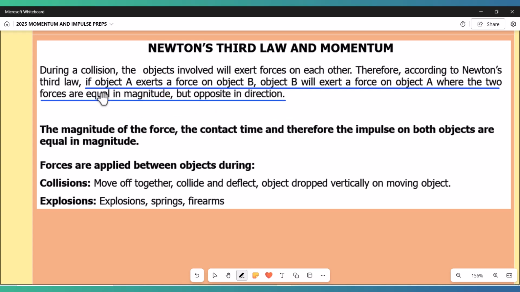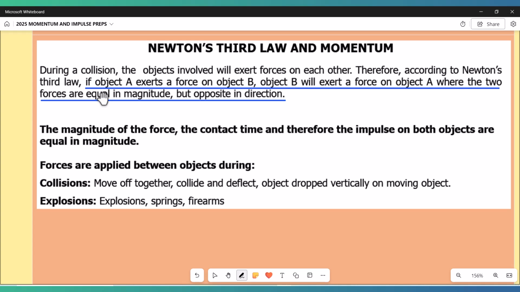Now, understand that the magnitude of the force, the contact time, and therefore the impulse on both objects are equal in magnitude.